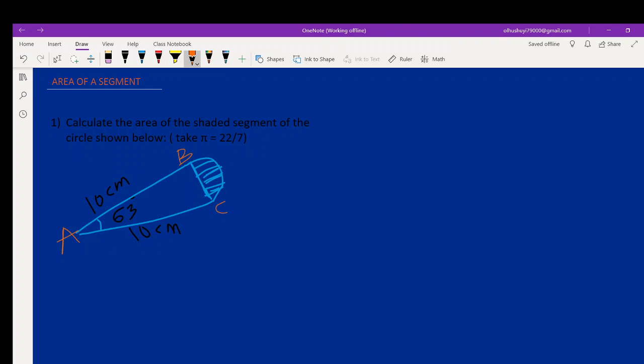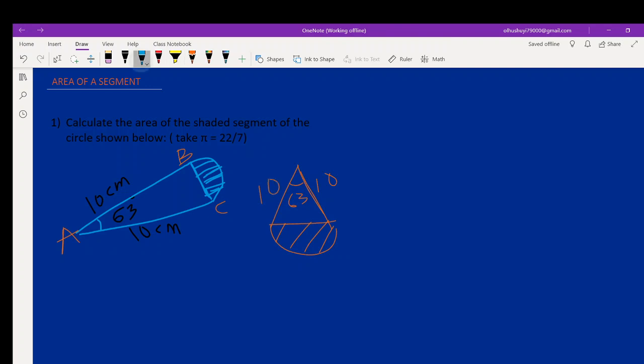So consider the whole shape as a sector. This is a sector on its own. It has this angle to be 63 degrees, and this radius is 10, and this is 10.